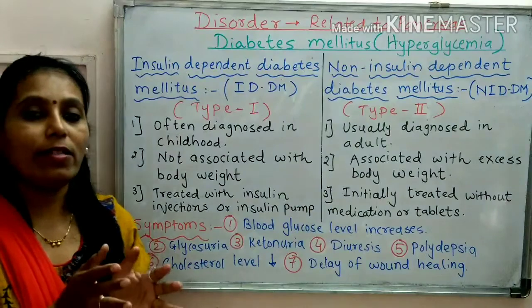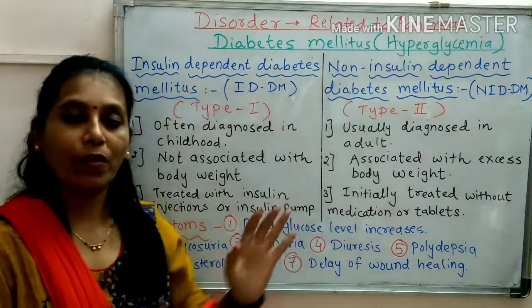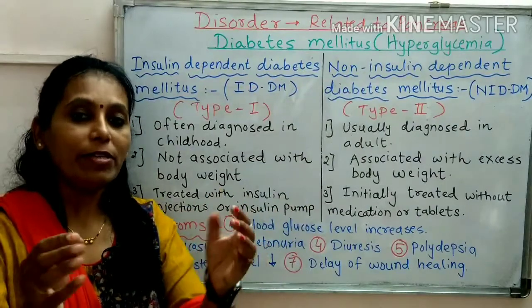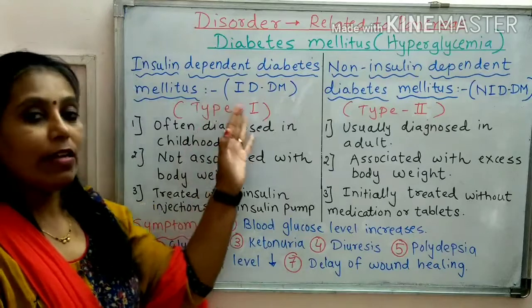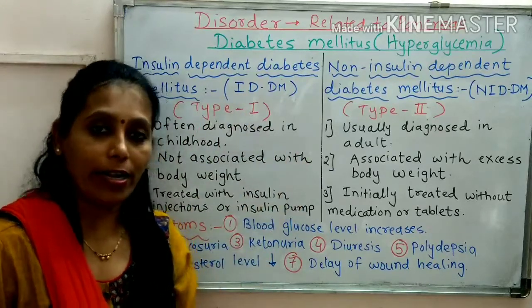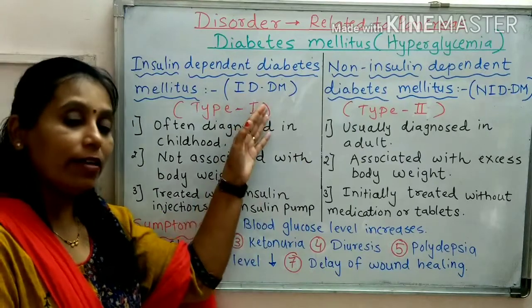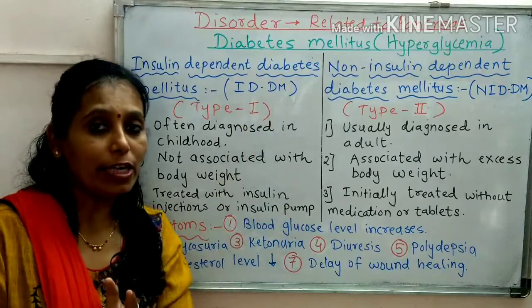Now what is the exact difference between type 1 and type 2? In both disorders, it is related to insulin only. Here the insulin is secreted in very less quantity. The condition may be that the beta cells which secrete insulin get destroyed.